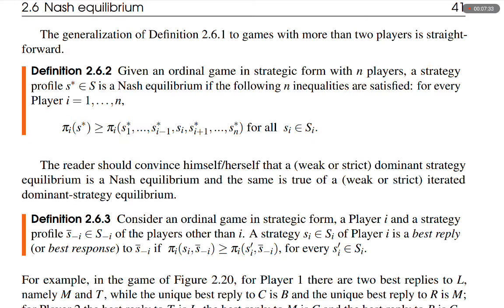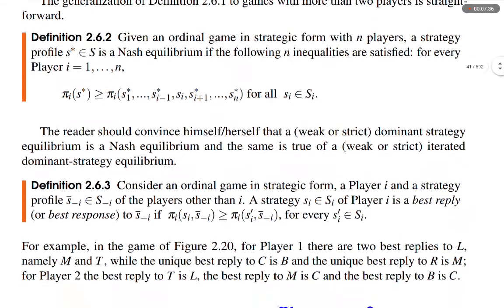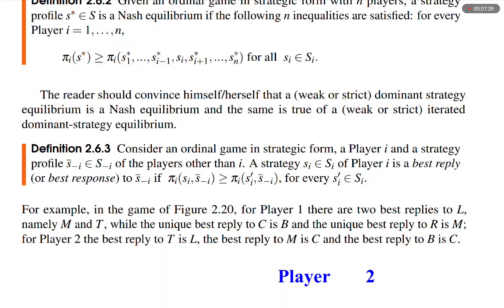For every player i = 1 through n, π_i(s*) ≥ π_i(s*_1, ..., s*_{i-1}, s_i, s*_{i+1}, ..., s*_n) for all s_i ∈ S_i.